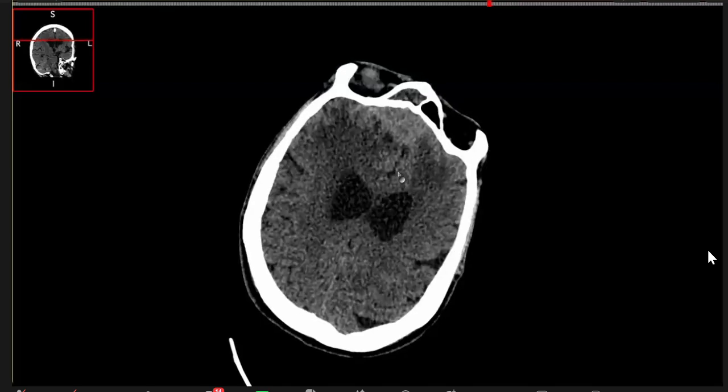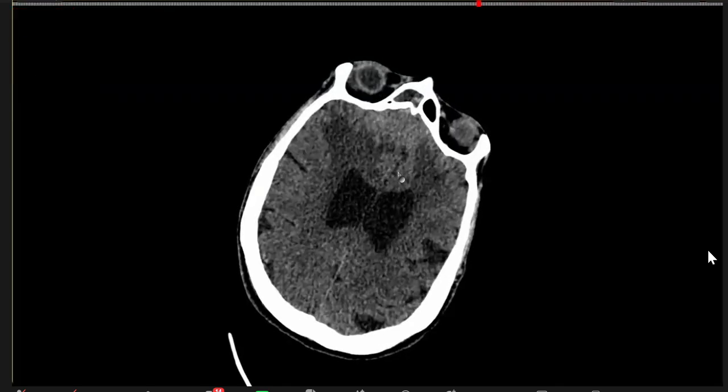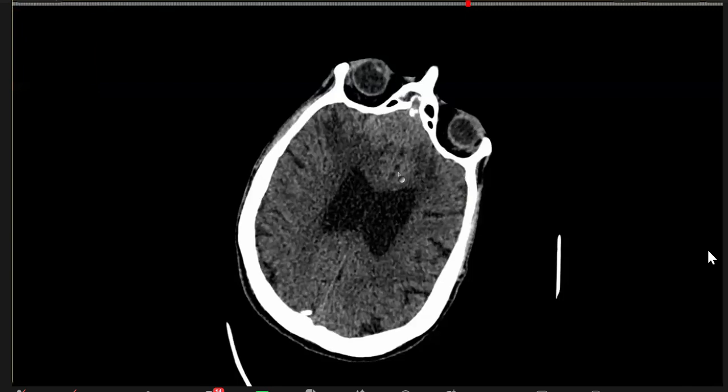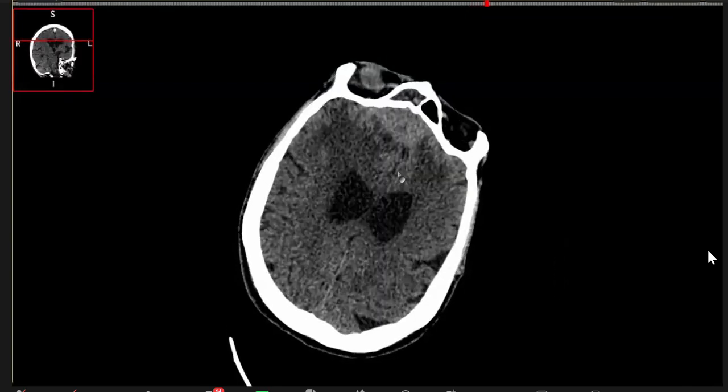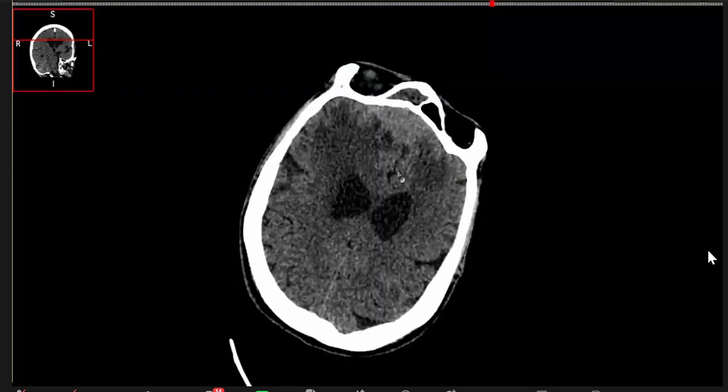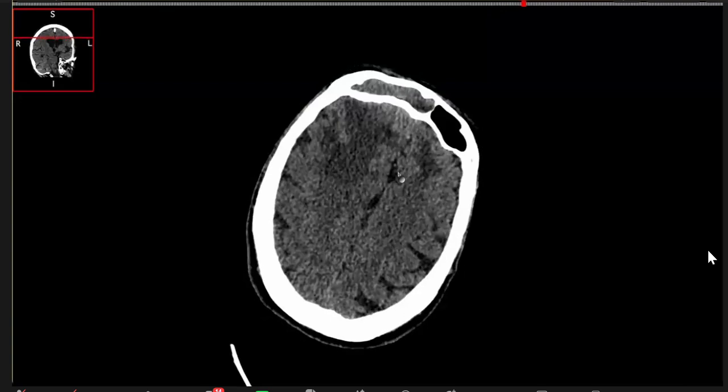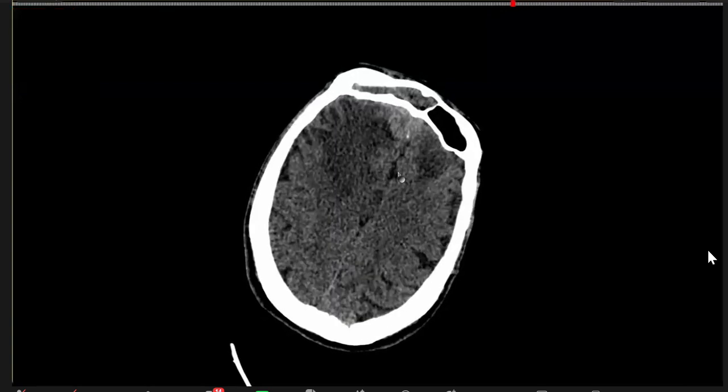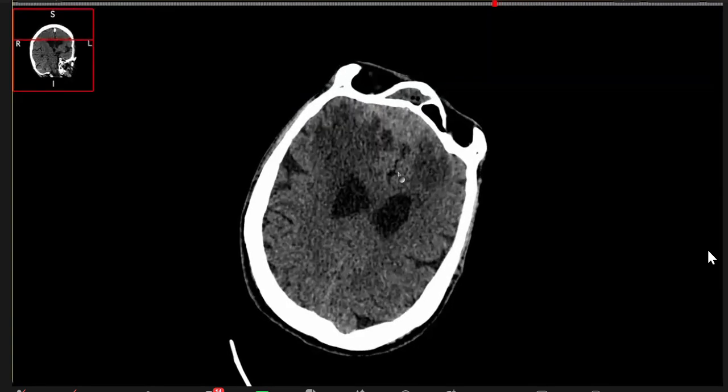There seems to be extension of the mass into the anterior cranial fossa, which is causing compression over both cerebral hemispheres and producing cytotoxic edema in both frontal lobes and subtle compression over the frontal horns of both lateral ventricles.